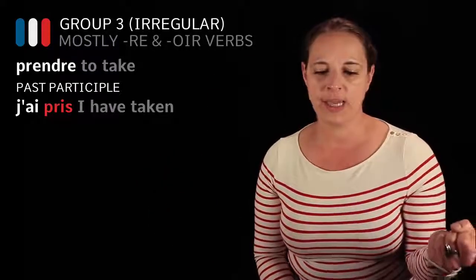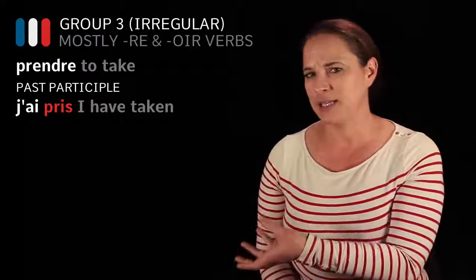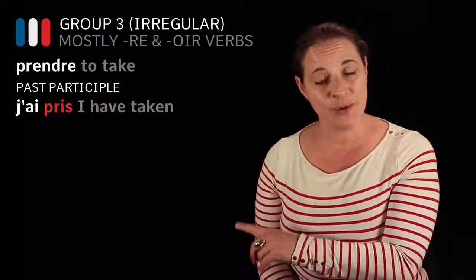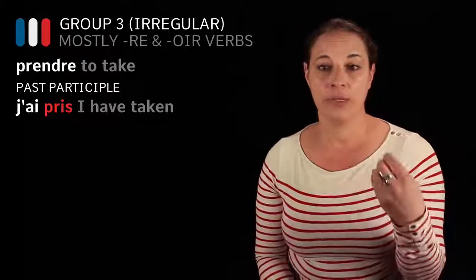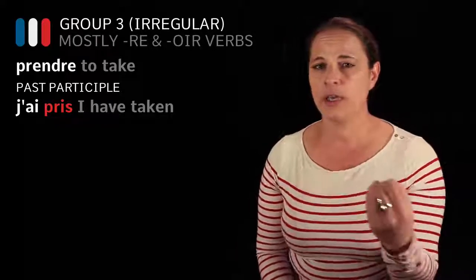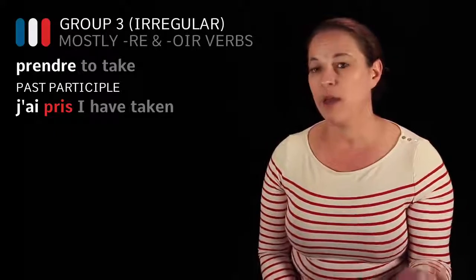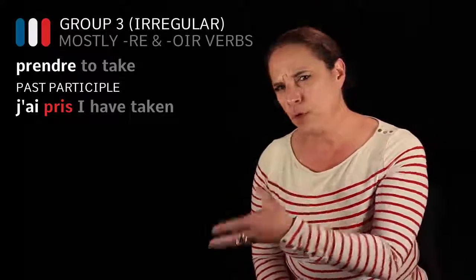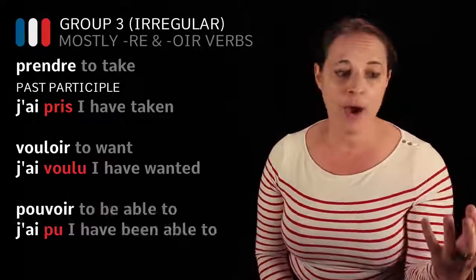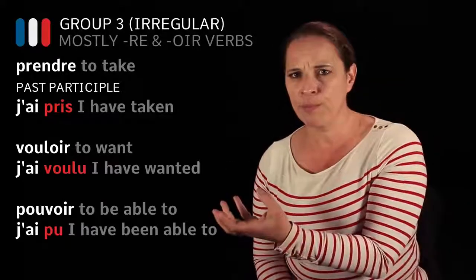Prendre, which means to take, pris is the past participle. When I mean past participle, I mean taken. I have taken, j'ai pris. And we are talking about the verb prendre, to take here. Vouloir becomes voulu. Pouvoir, to be able to, becomes pu.